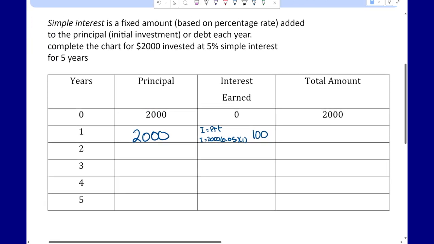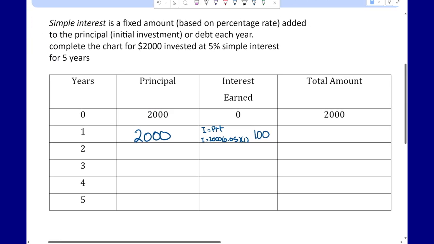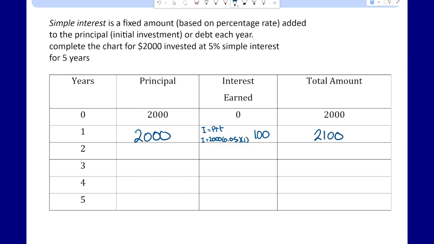So $100 is how much interest we've earned in the first year, and our total amount is $2,100.